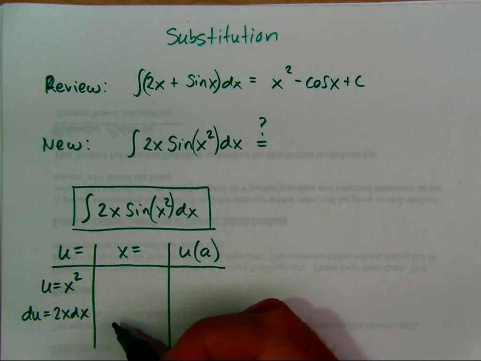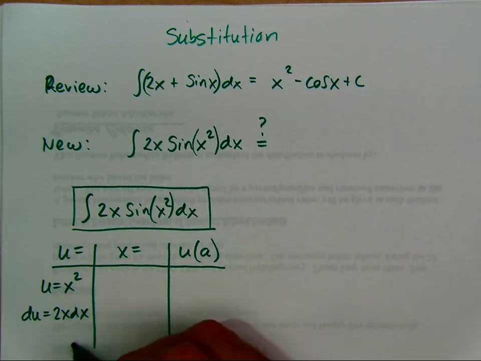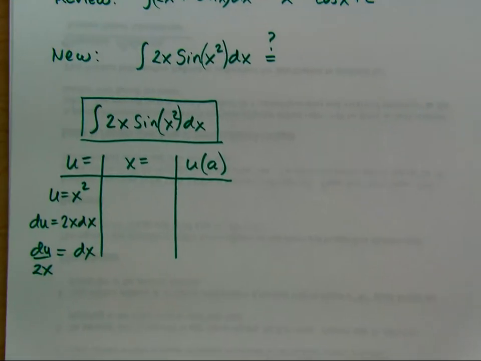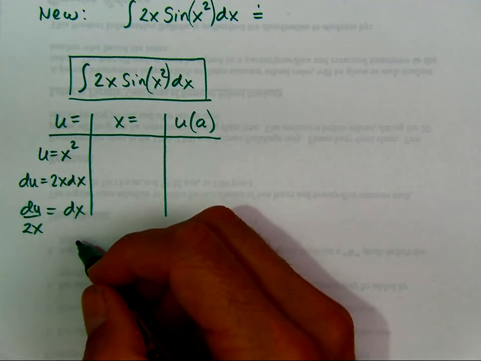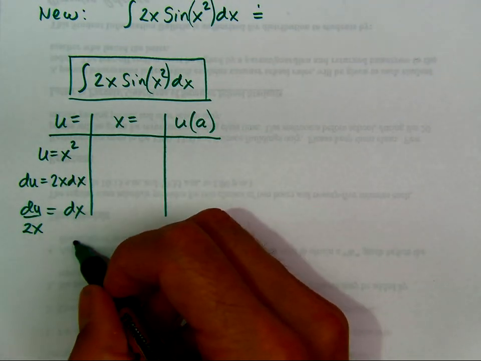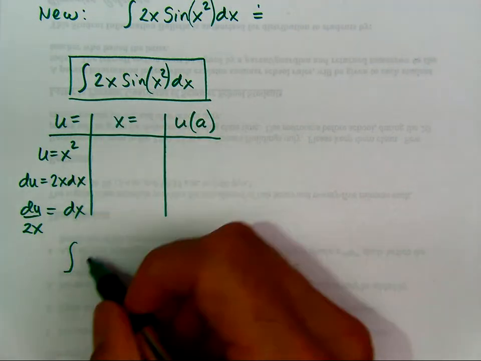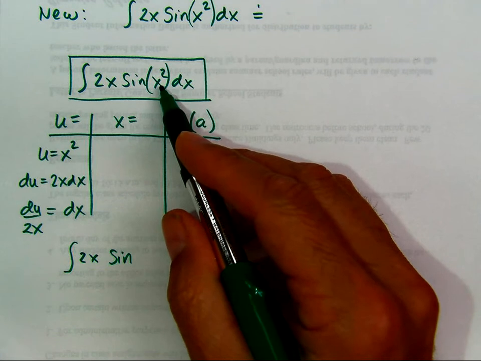Now we want to be able to substitute for dx, so we're going to isolate dx. Now we can substitute for x's in the integrand. X squared is u.